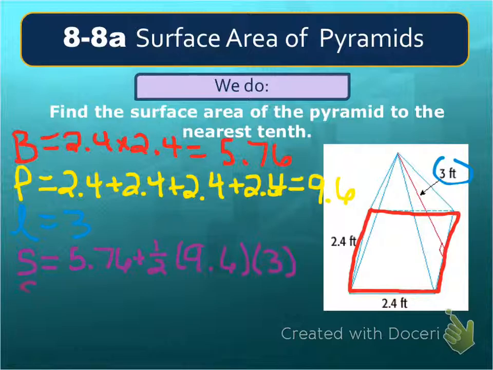If you put all this in your calculator, remember for the 1/2, you can either do 1, the ABC button, and 2, or you can put 1 divide 2, or you could put 0.5 if you wanted. If you do all that, you're going to end up with 20.2, and that's going to be feet squared. Remember, surface area is squared.